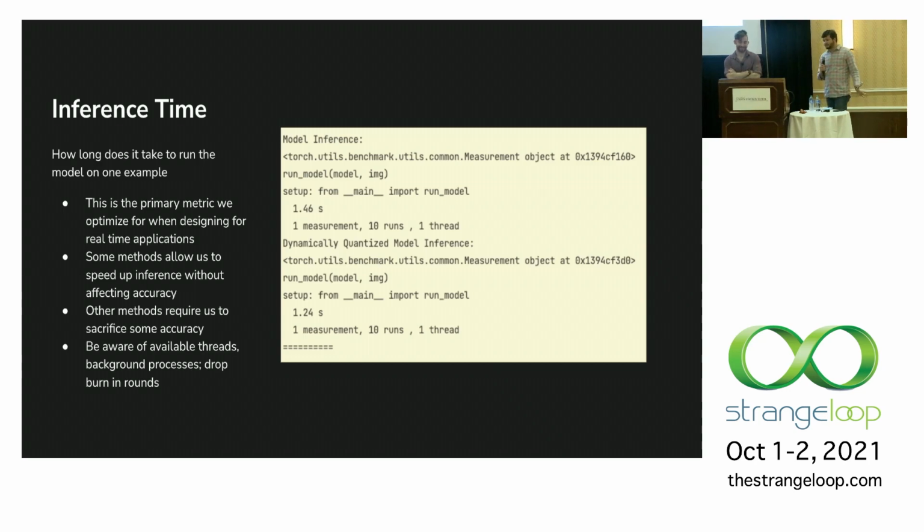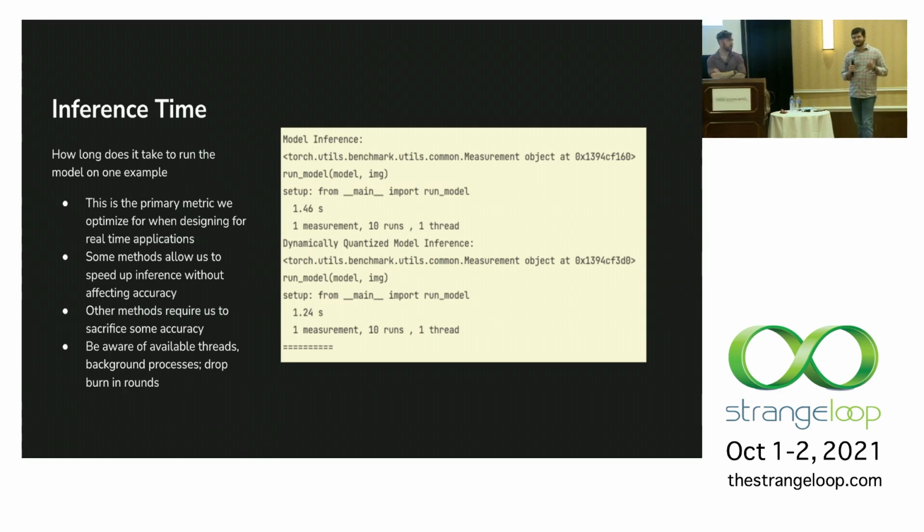So let's talk about inference time a little more. This is your primary metric to understand the efficacy of your optimization methods. It has an adversarial relationship at times with accuracy. As you're able to improve your inference time, it might be at the cost of accuracy. So be mindful of that. There are some things out of the box that are going to make your model faster and not worse, and we'll talk about those.